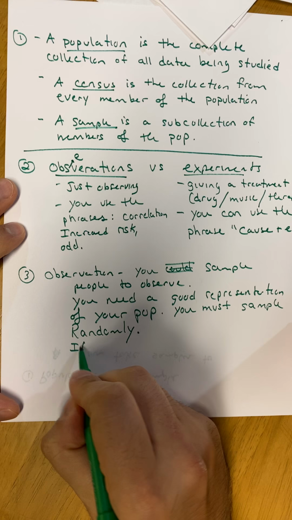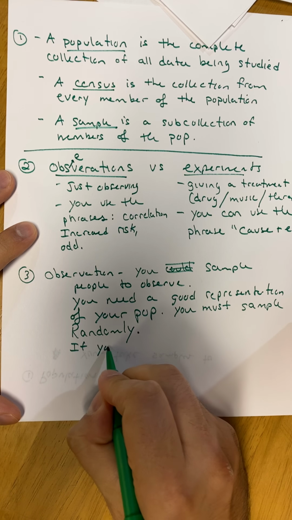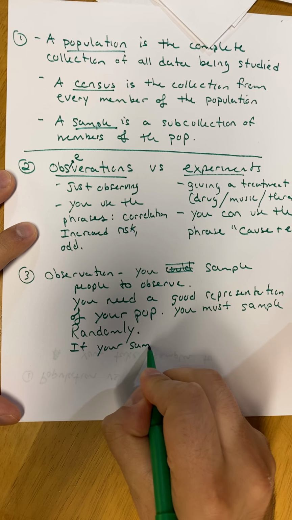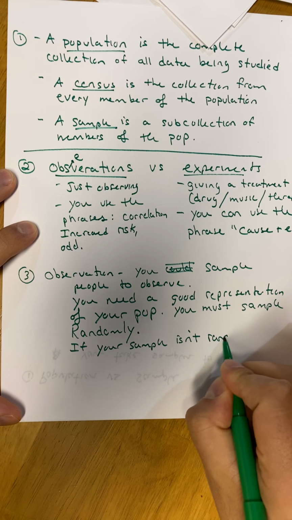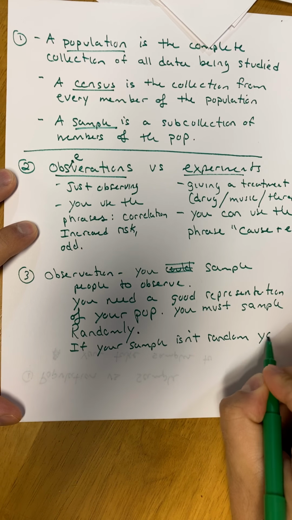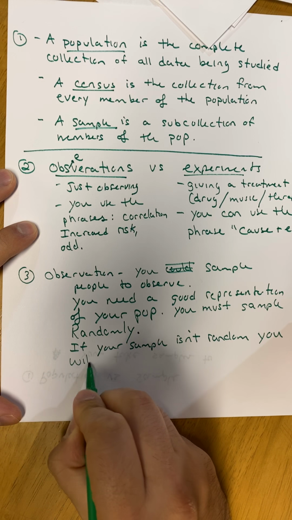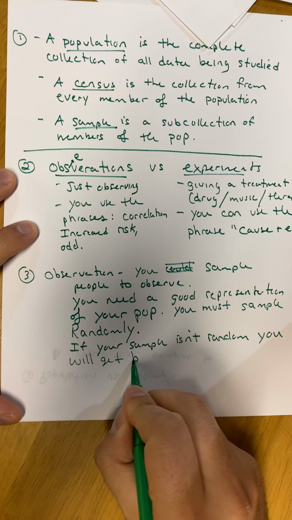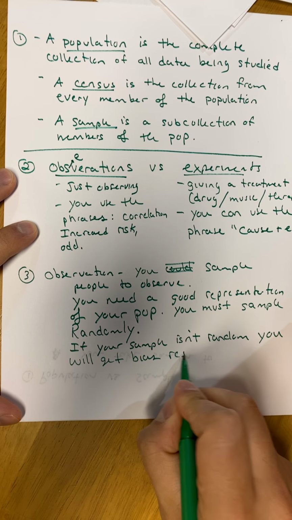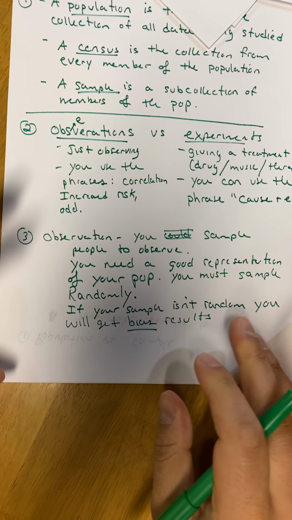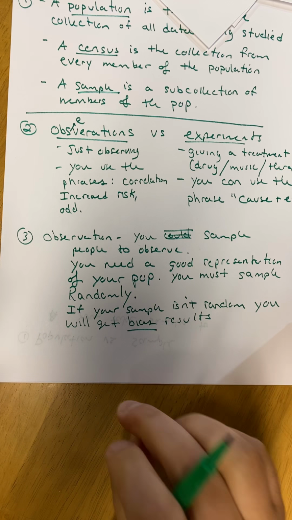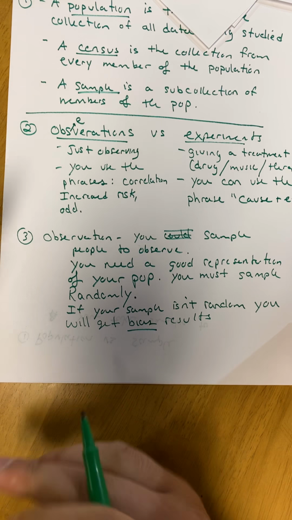If you don't randomly select, you're going to get biased results. Bias favors one side.